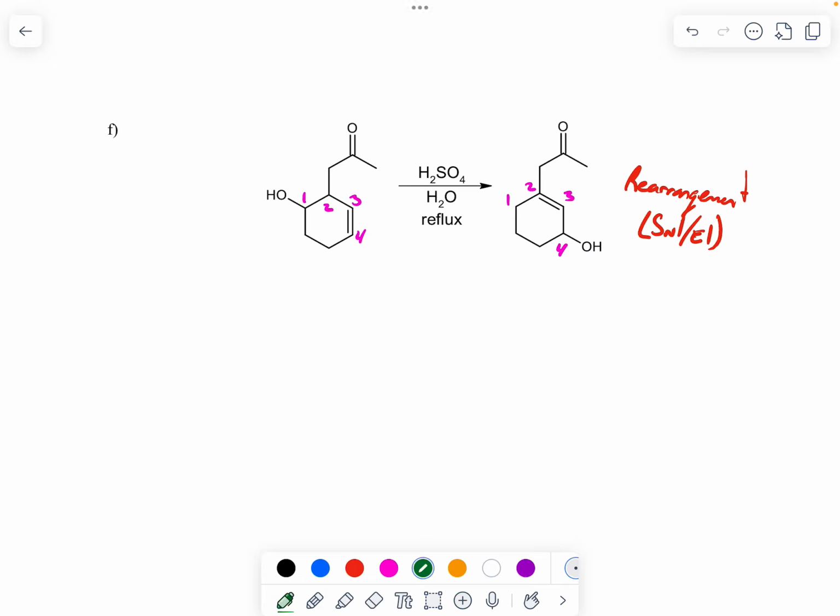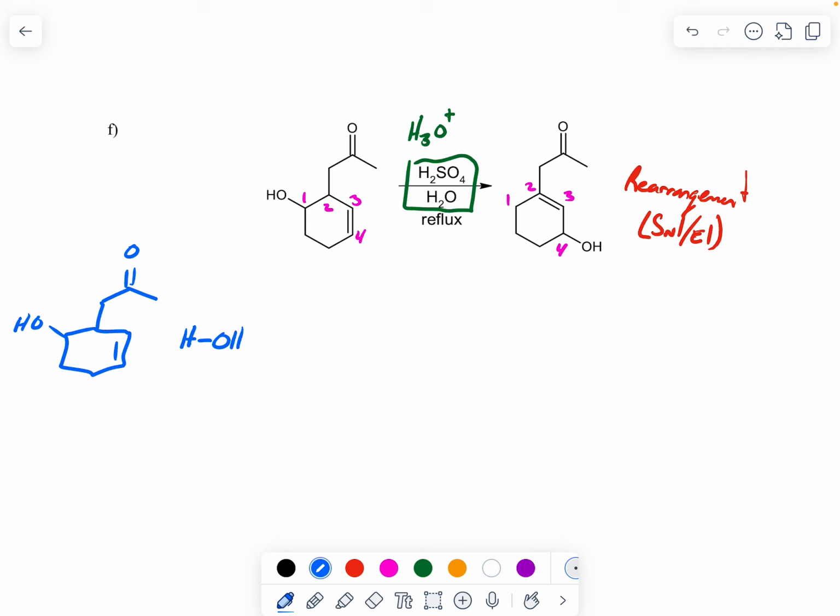This is also supported by the fact that we once again have acidic conditions, so we have more H3O+. So let's see what happens if we just start out by thinking about the same principles that we had previously when it comes to something like this alcohol acting as a leaving group after being protonated.